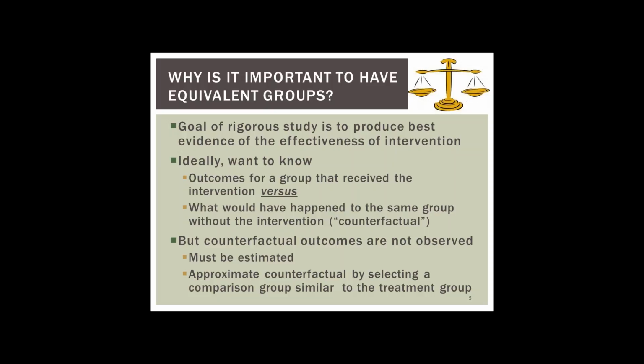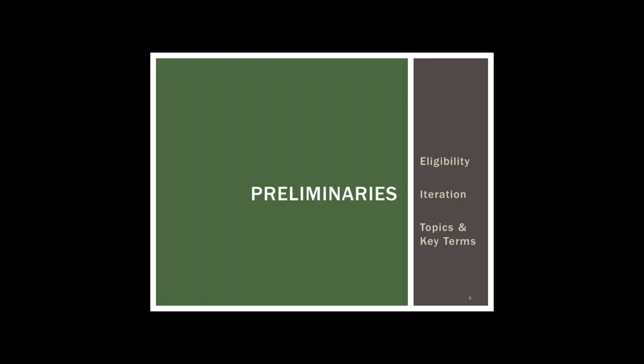Because the group is treated, we really cannot observe that outcome, so we have to estimate it. In order to do that, we want a group as similar as possible to the treatment group so that we can estimate that outcome. And we want to make sure that when we observe a difference between these two groups, it's because of the intervention, not because of some pre-existing difference between these two groups. So that's why it's important that we have equivalent groups.